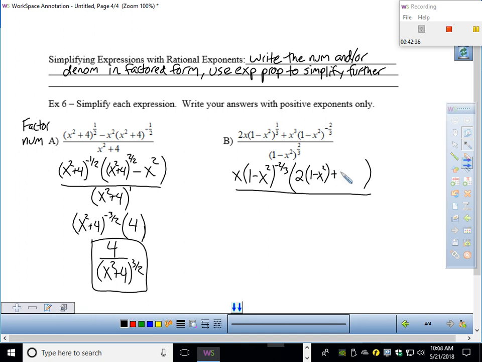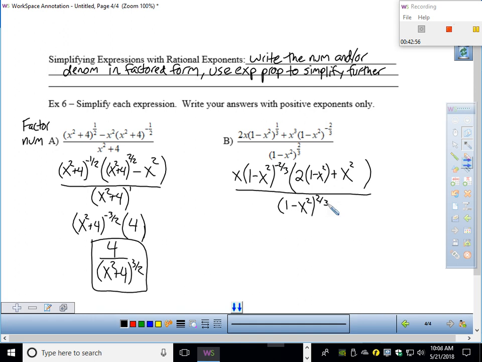Plus, did I take some or all of the x cubed out? Well, I took some of it out. I took an x out, so it looks like I still have an x squared. Did I take some or all of this one out? I took all of it out. There it is. Cool. Over 1 minus x squared to the 2/3. All righty, everybody, let's play a little cleanup on this.